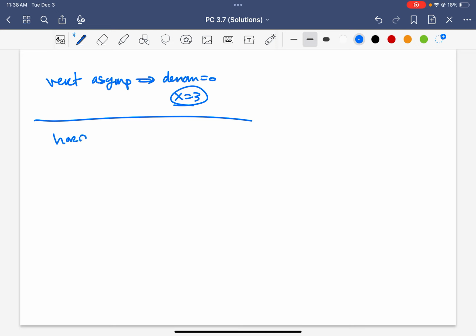And then the horizontal asymptote is what happens as x goes to infinity. So x goes to infinity, what happens? Notice for our multiplied out original function, it's 3 plus x over x cubed minus 27.